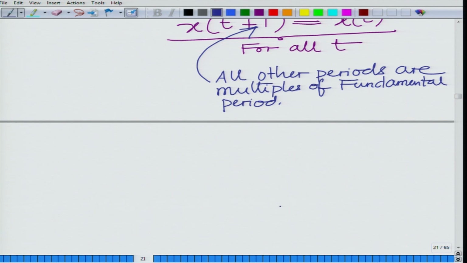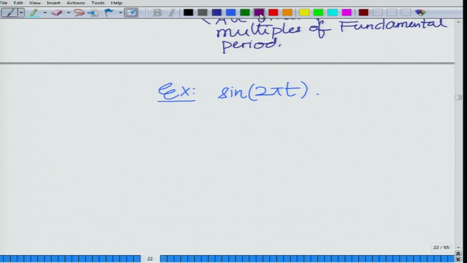For example, let us go back to our example, sine 2 pi t. You can show that T equal to 1 is a fundamental period for this signal.